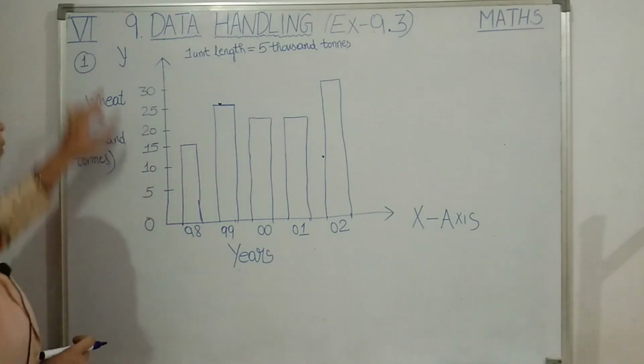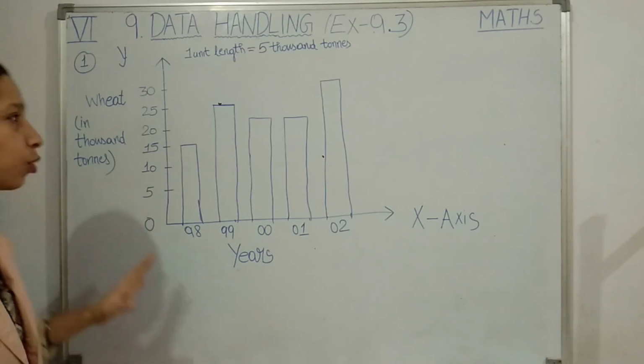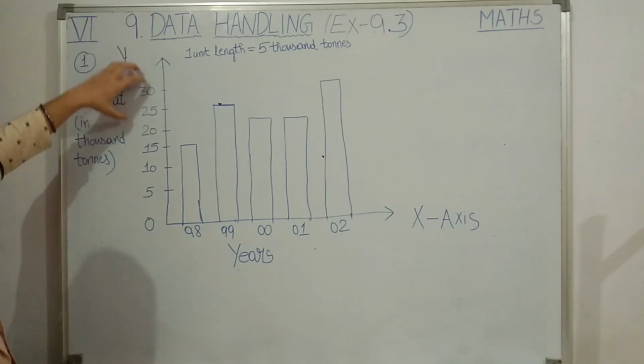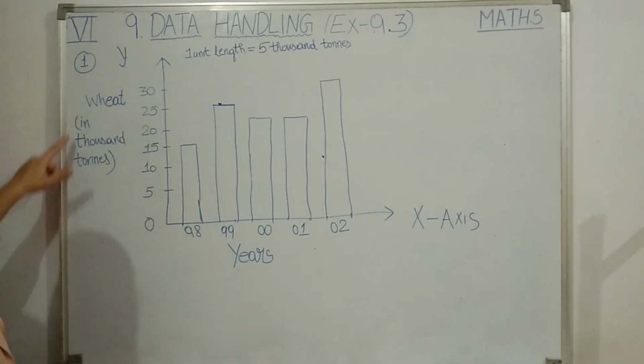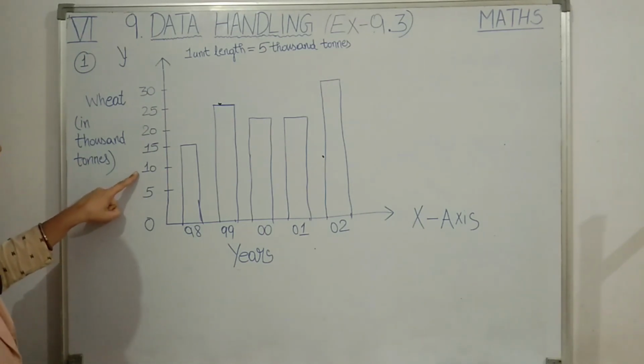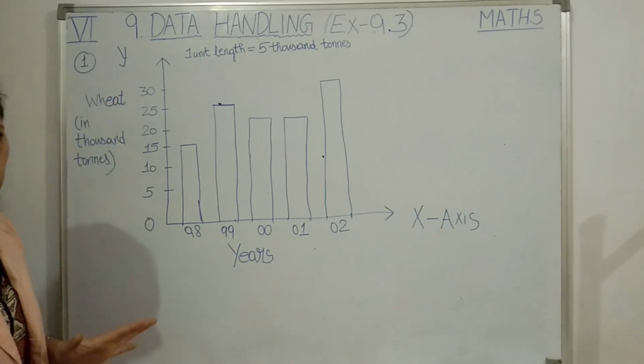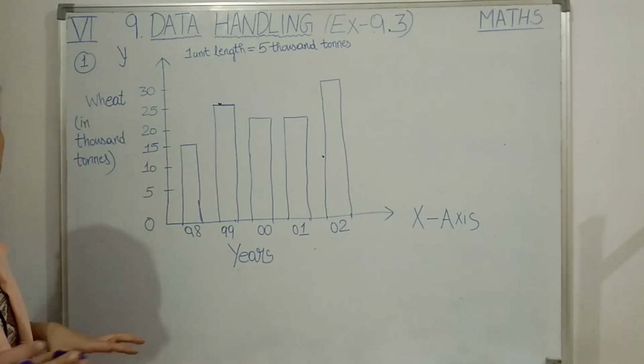And the title for y-axis is wheat in 1000 tons. It is given in your textbook. That means here the quantity of wheat is shown and it is in 1000 tons. That means 5000 tons, 10,000 tons, 15,000 tons, 20, 25 and 30,000 tons. Got it students? Like this we read the bar graph.